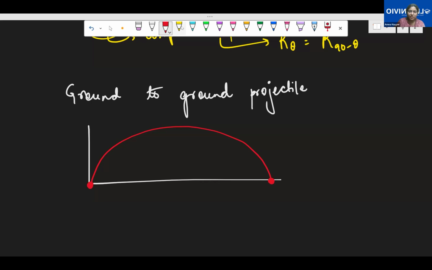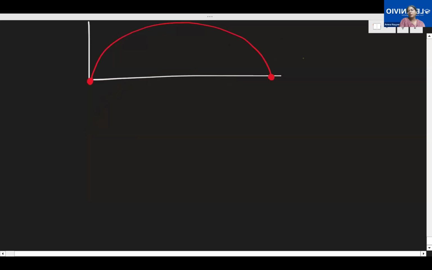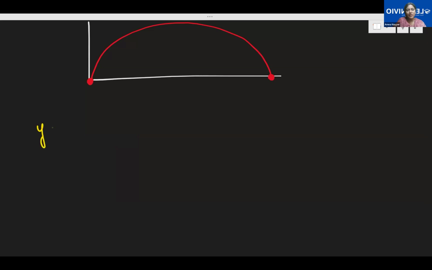So the formula of trajectory we've already studied. The formula of trajectory can be modified, because some of the questions will be very helpful if you know these formulas directly. So, the equation of trajectory is simply x tan theta minus g x square by 2u square, and you'll have sec square theta.